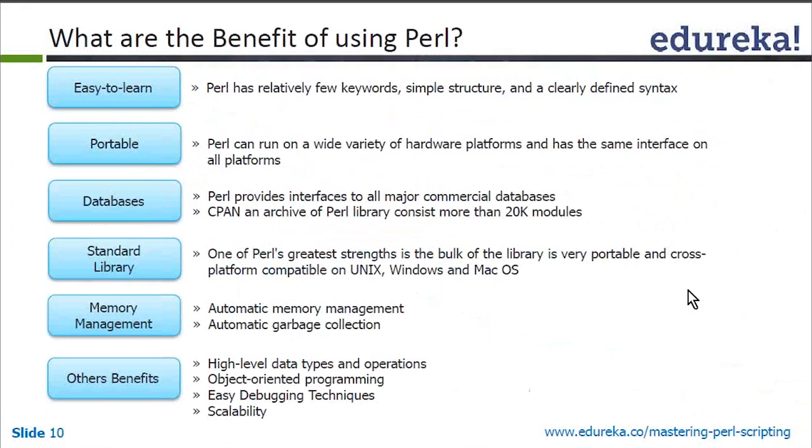It's easy to learn, and portable in the sense that the same Perl script can run on Linux as well as Windows. The only thing is, in the starting, we have to set some paths, and the format of the paths in Linux and Windows is different.